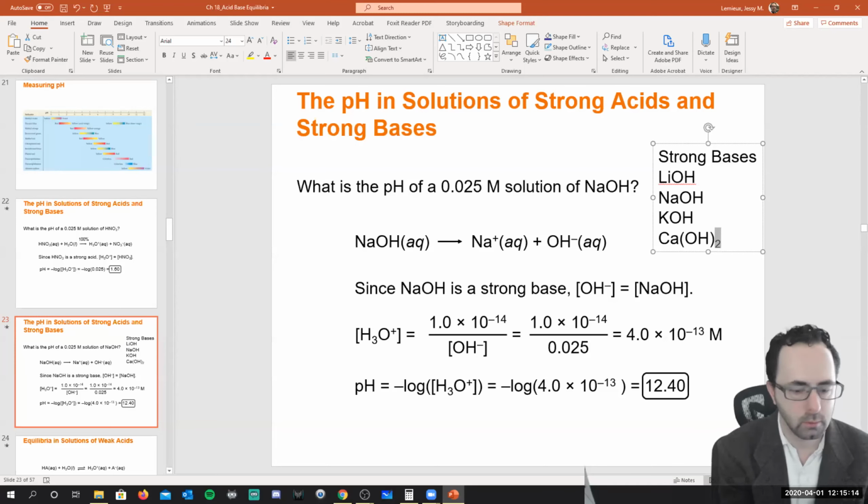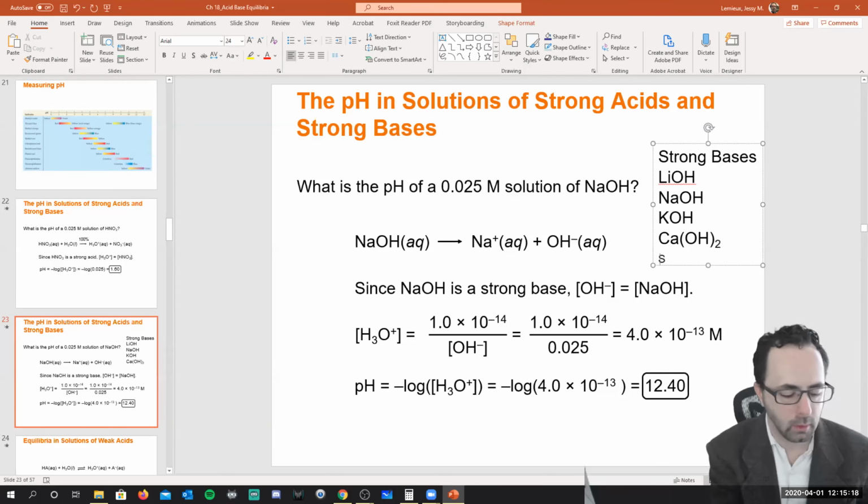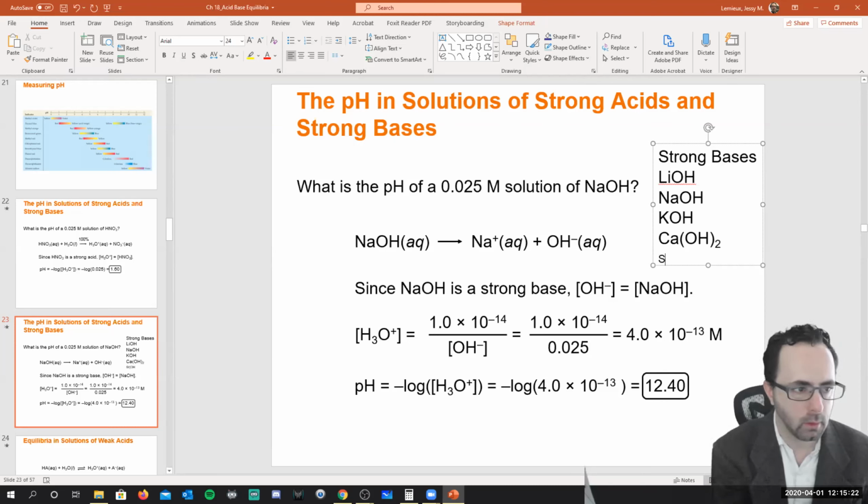Also, strontium hydroxide. And barium hydroxide.